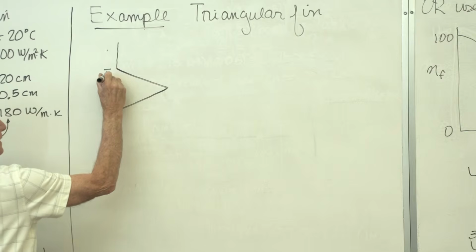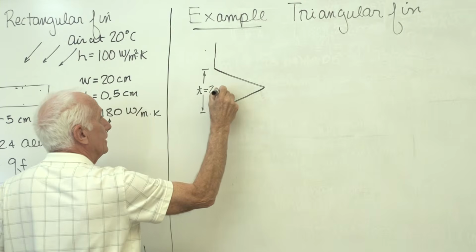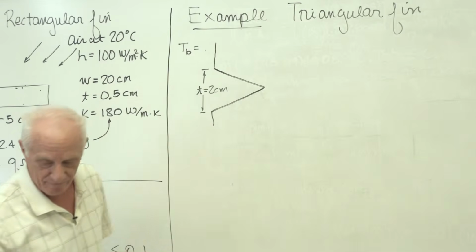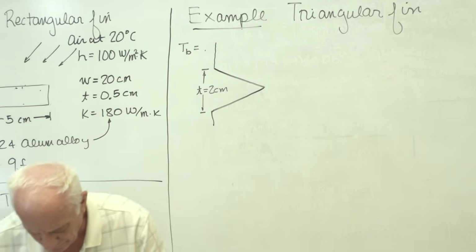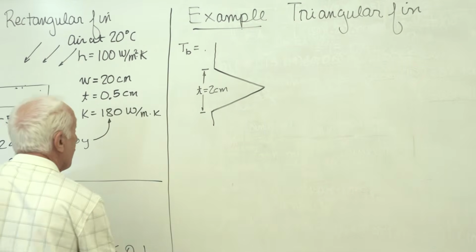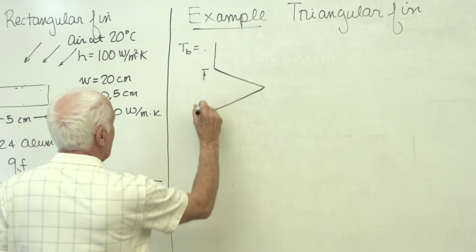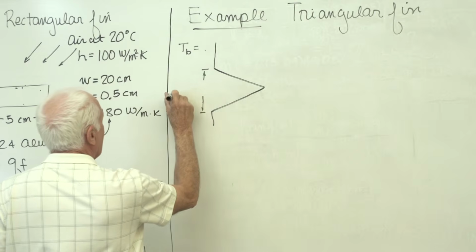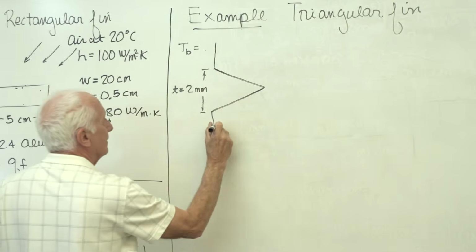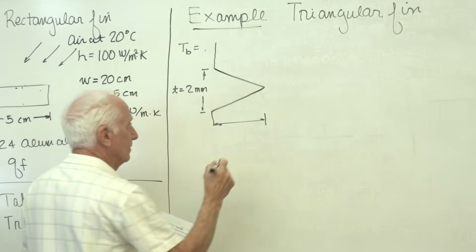This is the thickness of the fin, T equal 2 centimeters. This is the base of the fin temperature. And the fin base, 2 millimeters, pardon me, I'm going to change that to 2 millimeters, not centimeters. The length of the fin from the base out to the tip is 6 millimeters.